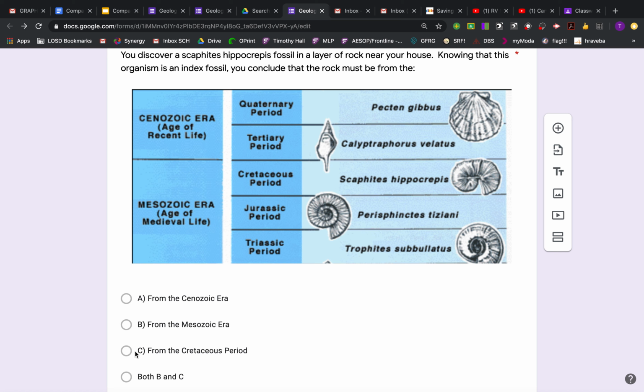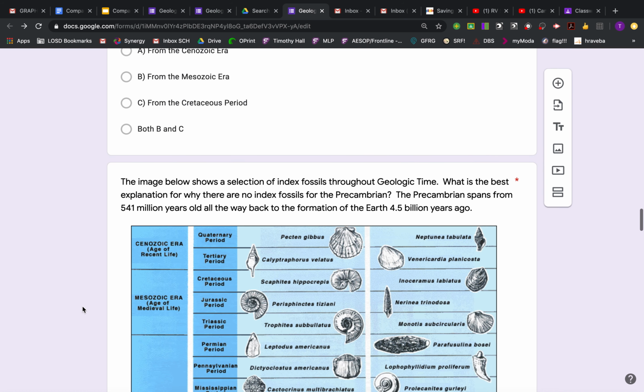Because I understand what you're saying. You're saying that this is more specific, and so that's better information than just saying, oh yeah, it's in the Mesozoic. Because if it's in the Mesozoic, you could get any of these fossils. So fair play. I think either answer is great, and we're going to move on.